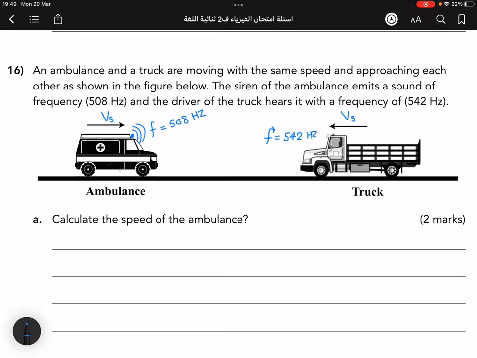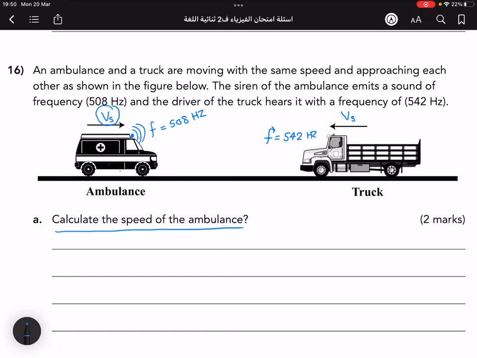Now the question asks you to calculate the speed of the ambulance or the speed of the truck, as the truck and the ambulance have the same speed. So we need to calculate Vs. The situation we have now is one in which the source of the sound and the observer are moving and approaching each other, getting closer and closer.